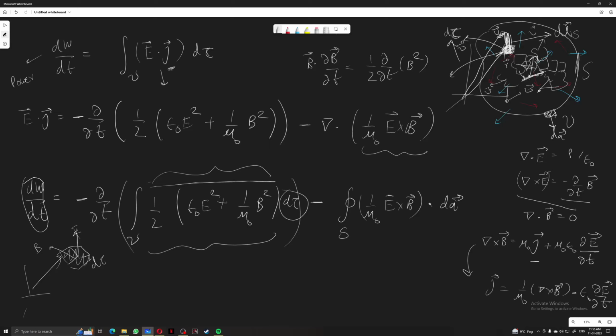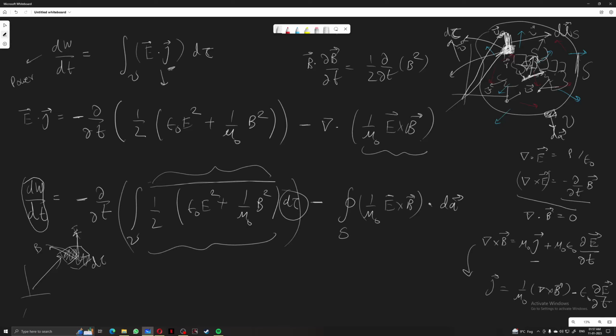If I take the magnitude square of E, the magnitude square of B, and sum them in this fashion, calculating half epsilon naught E square plus 1 over mu naught B square, then what I get is known as the volume density in the electromagnetic field. The energy, the volume energy density, whatever you want to call it.